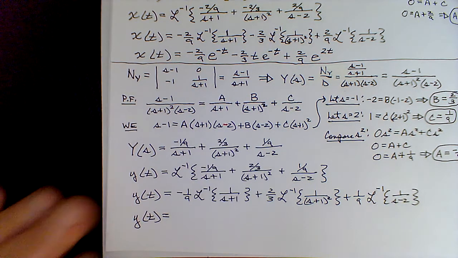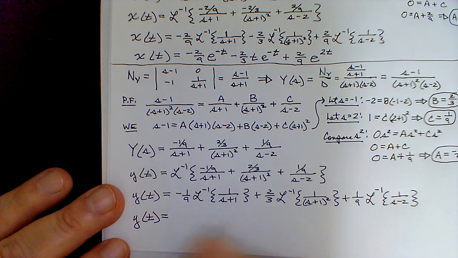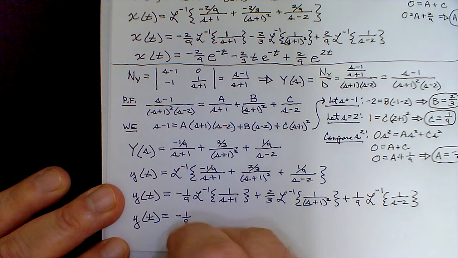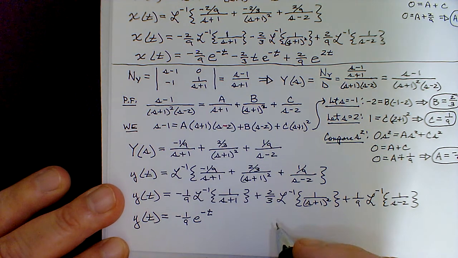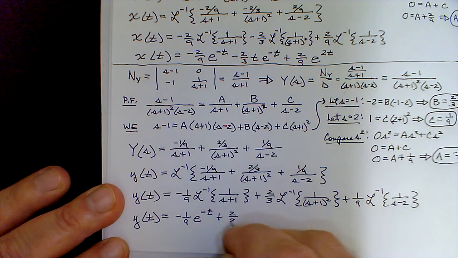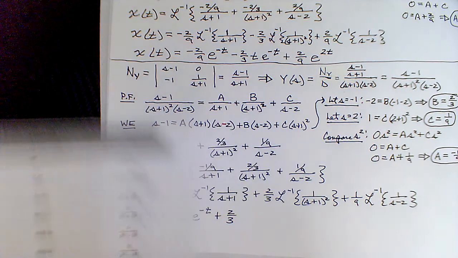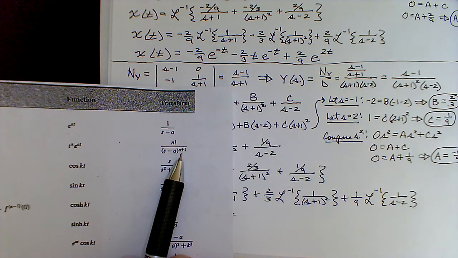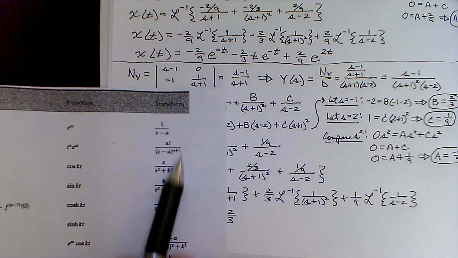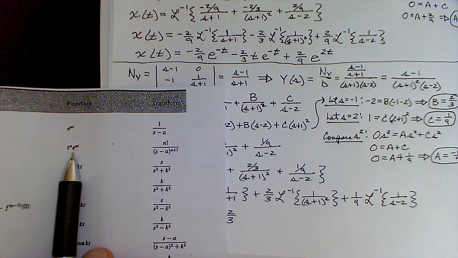And similar to what we had to do when we solved for x of t, this is 1 over s minus a again. So minus 1/9, a is negative 1, so e to the negative 1t, or just e to the negative t. Here we have plus 2/3. Okay, this is the one that we hadn't used before, the s minus a to the n plus 1 in the denominator. So once again, note that n is 1, and the numerator is satisfied because 1 factorial is 1, and that becomes t to the n e to the at.